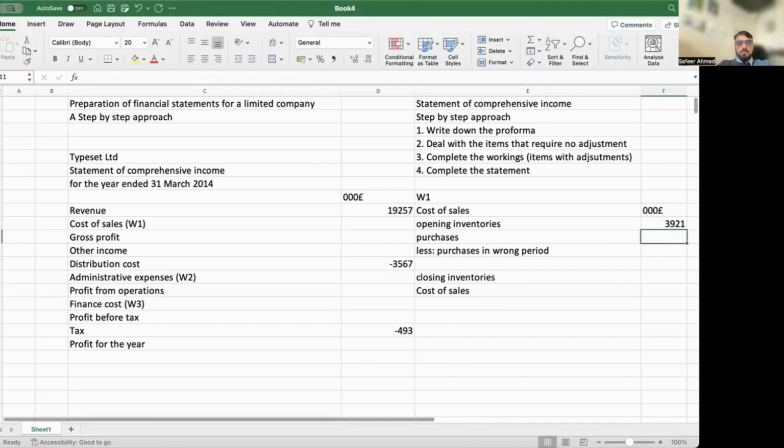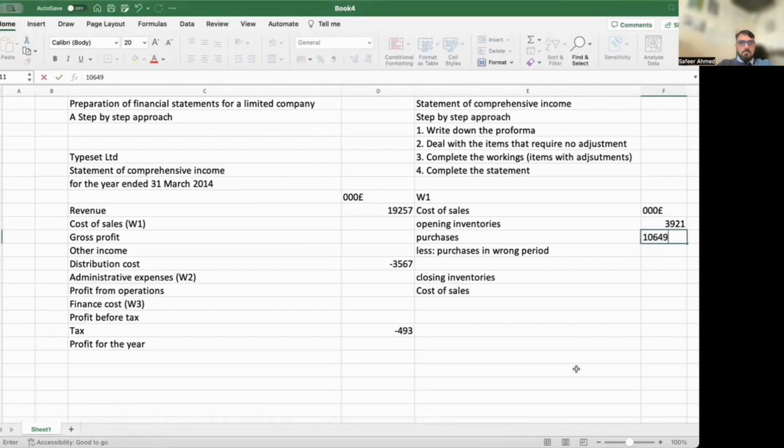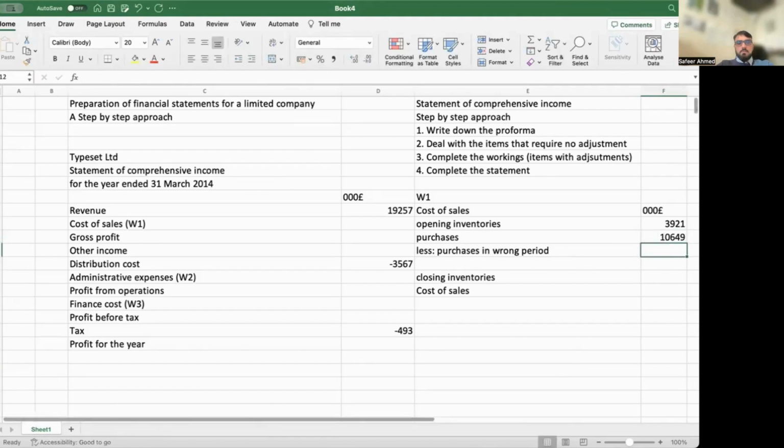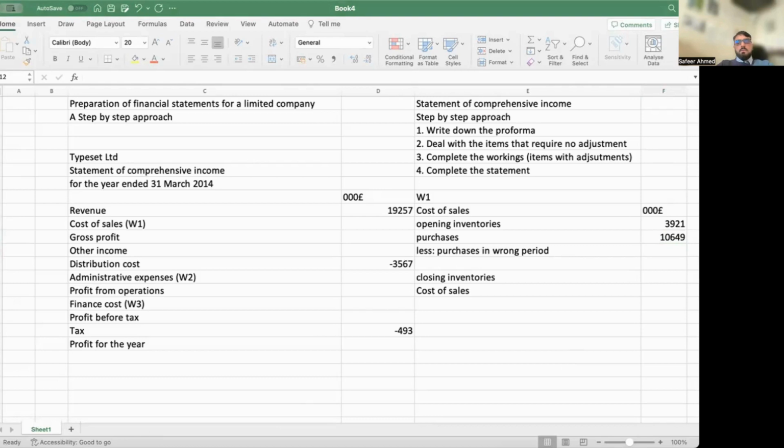And the purchases amount is given to us as well as part of the trial balance, which is 10,649. And we will be deducting the purchases which are recorded in the wrong period, because these purchases are in relation to the next year, which is 265.